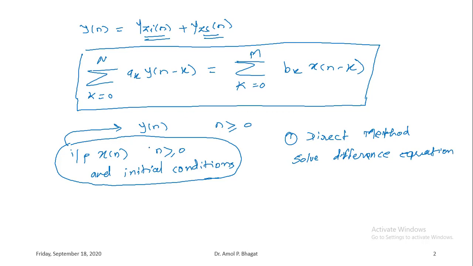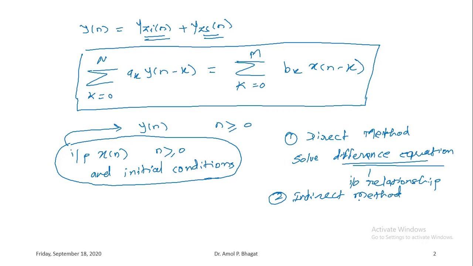This difference equation represents the input output relationship of the given discrete time system, or LTI system. The second method is the indirect method, where you use the Z transform.